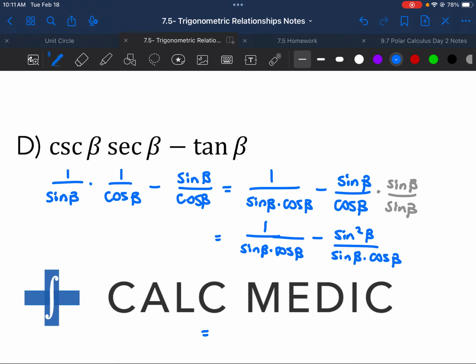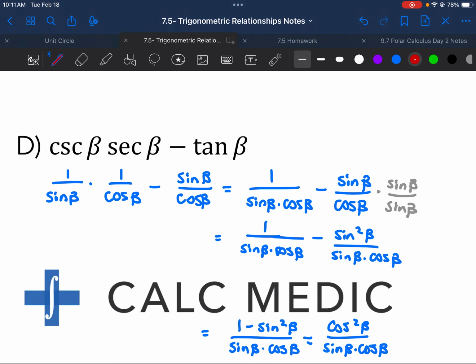All right, continuing to simplify. Now condense this into one fraction: 1 minus sine squared over sine beta times cosine beta. 1 minus sine squared is one of our identities from up above. That's going to equal cosine squared over sine beta times cosine beta.